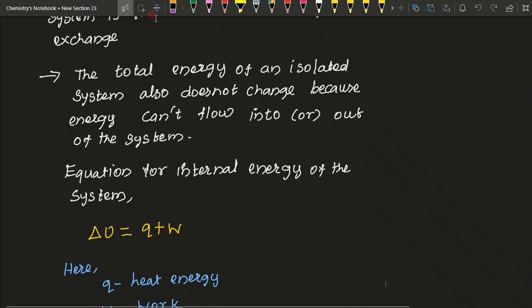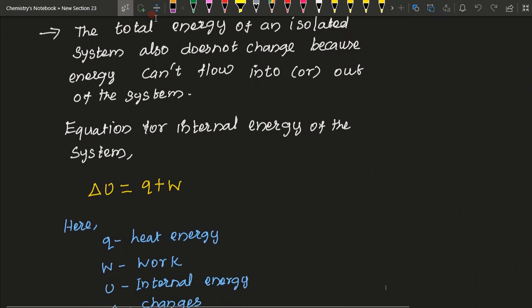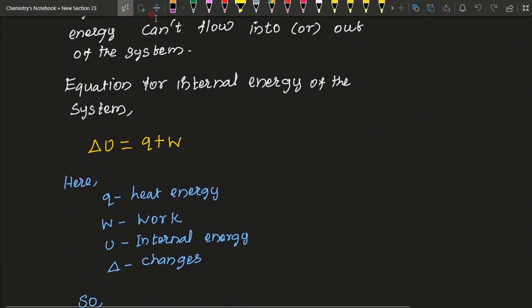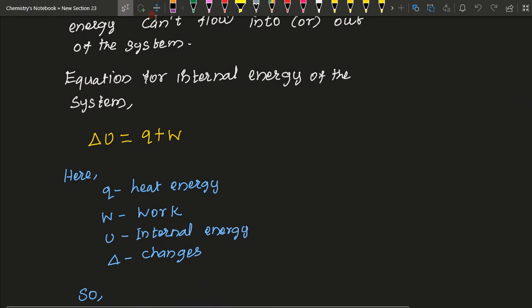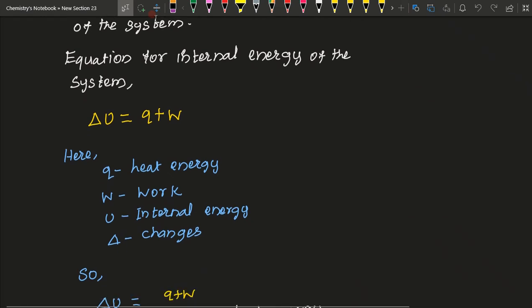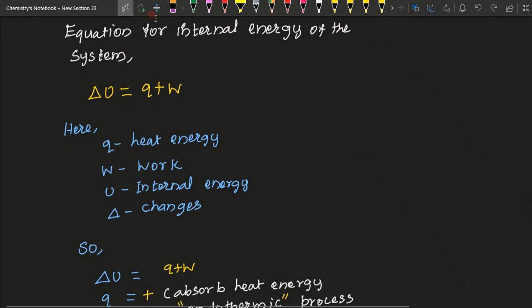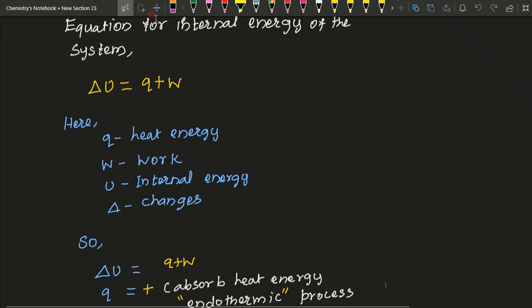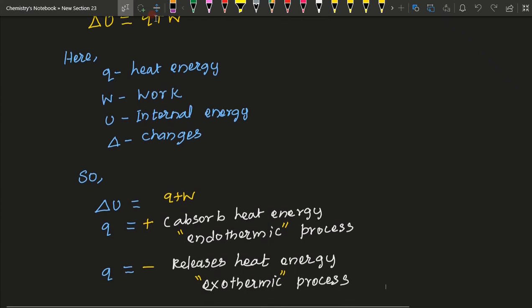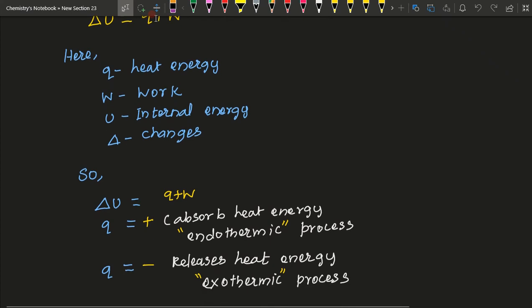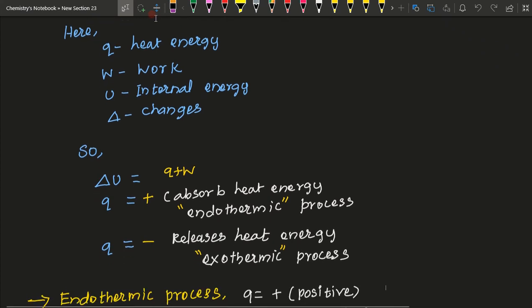So the equation for internal energy of the system: delta U equals Q plus W. Here Q is heat energy, W is work, U is internal energy, delta is change.